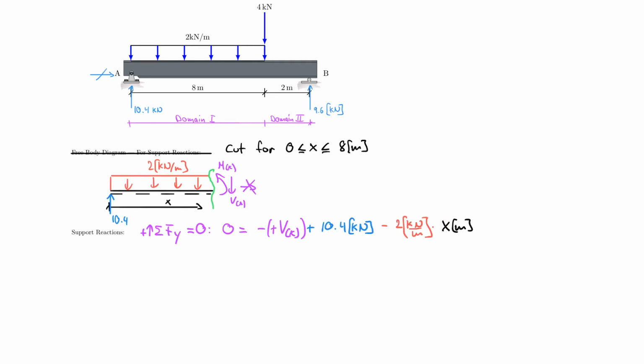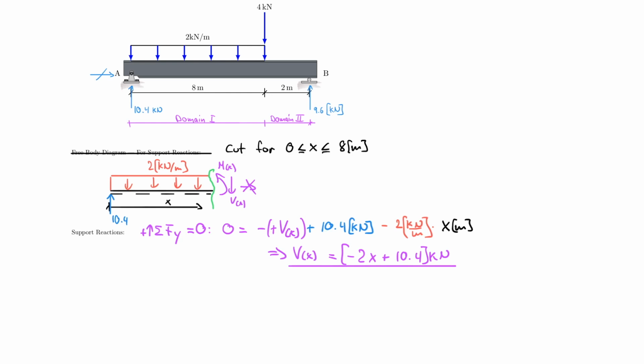Therefore, now I have my shear force function for this domain. V of x is equal to minus 2x plus 10.4 kilonewton, but the kilonewton of course applies to this entire function. So now I have developed the function for the shear force for my first domain.